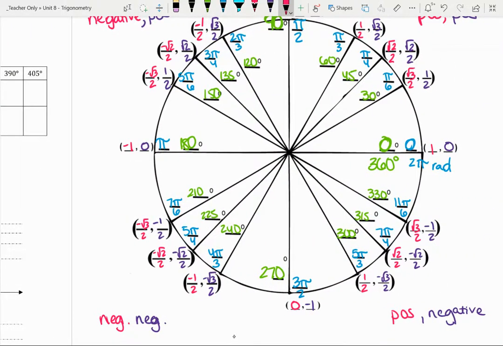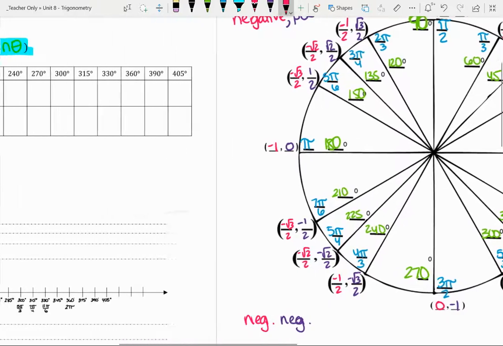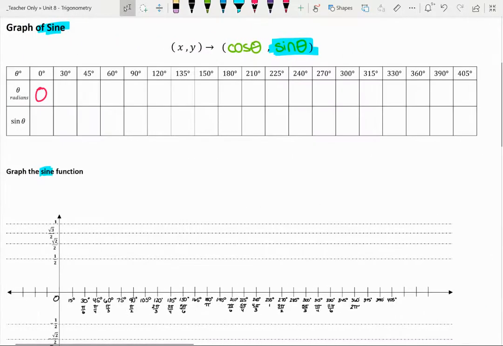I can see 30 degrees is pi/6, 45 degrees is pi/4, 60 degrees is pi/3. So I'll add those on there, and then remember 90 degrees was pi/2 because it's halfway to 180 degrees, which itself is pi. 360 degrees was 2 pi.